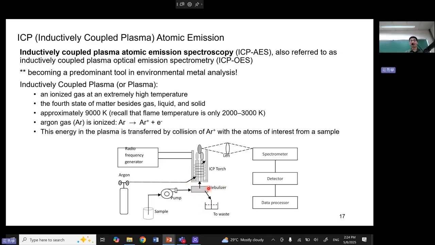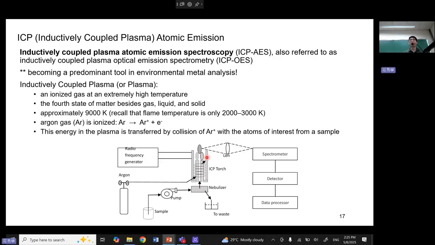Okay, so now we know that through the nebulizer, the aerosol containing your target analytes reaches the ICP torch, and when it encounters the plasma, the collision between the plasma and your target analytes excites your target elements from ground state to excited state.